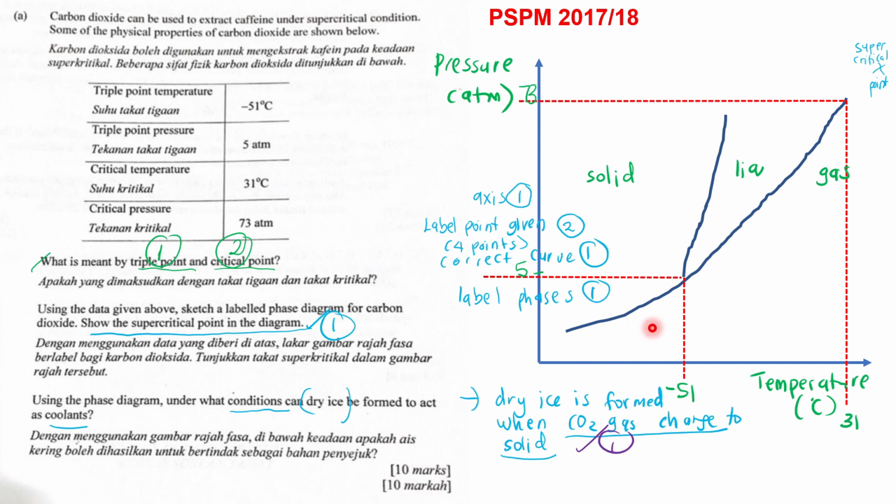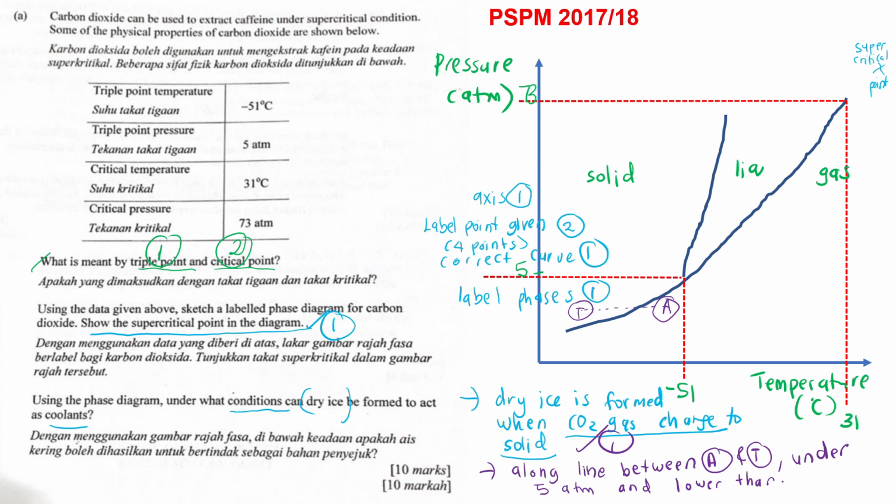Somewhere here, show the line between A and D, under 5 atm and lower than negative 51 degrees Celsius.